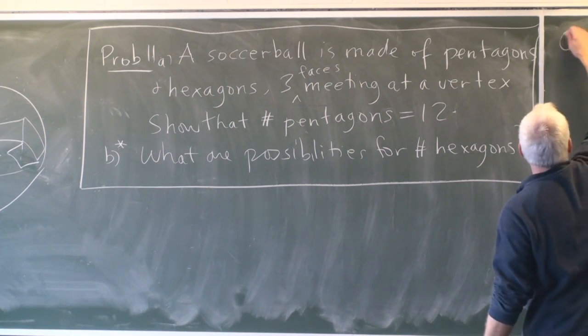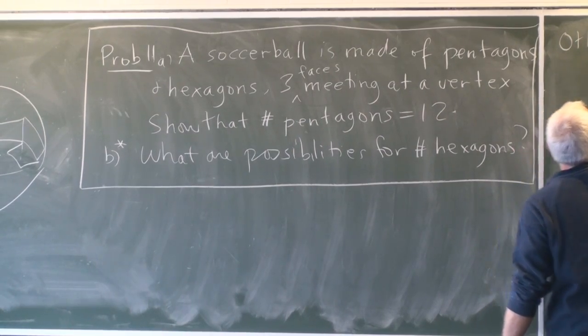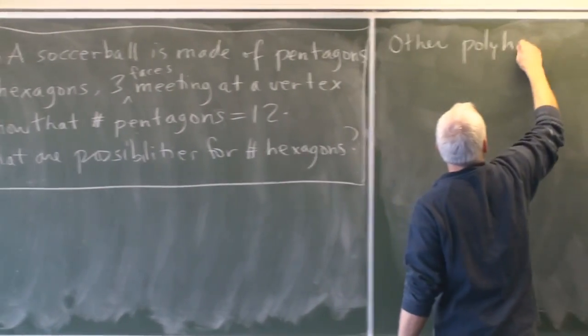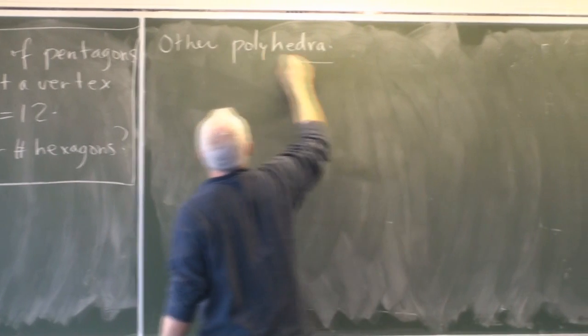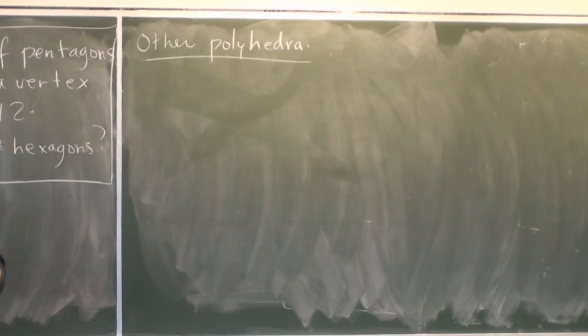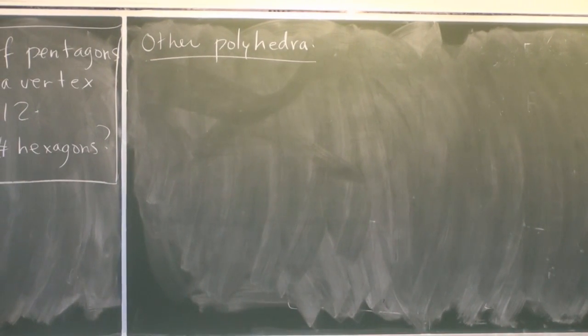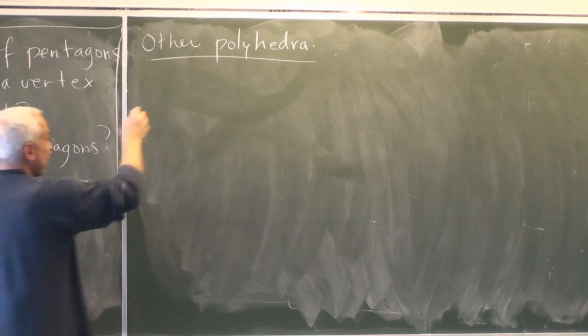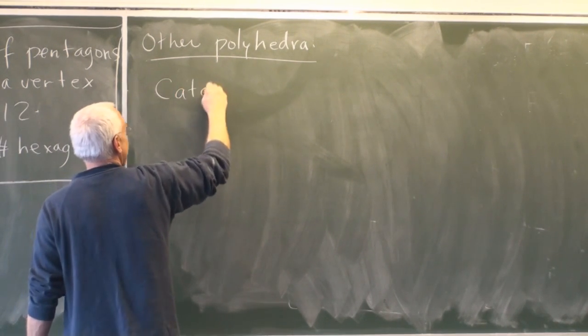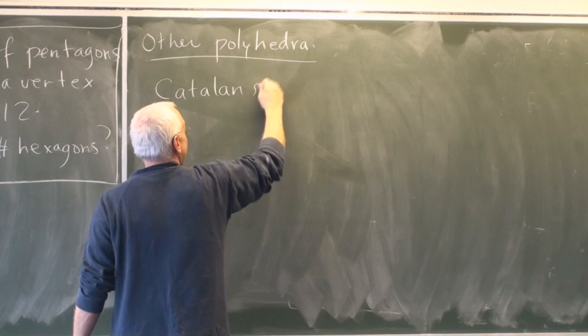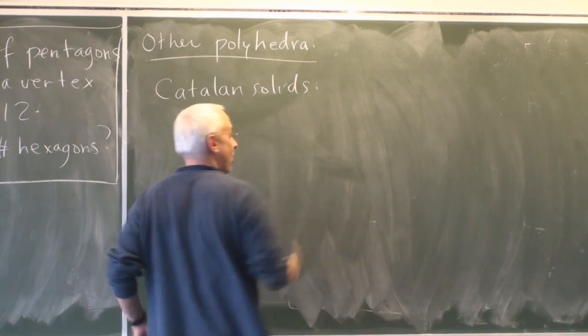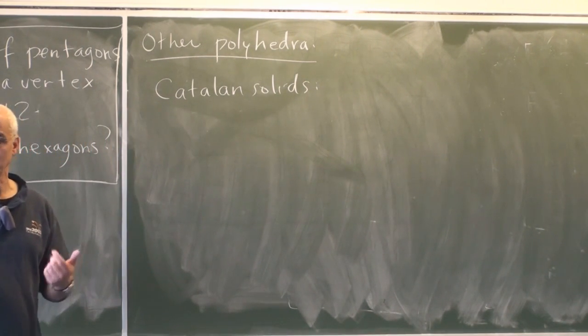Okay, so other polyhedra. I'll just mention a few of them. If you're interested, you can go away and investigate them. There's an interesting class of things called Catalan solids. These are the duals of the Archimedean solids.